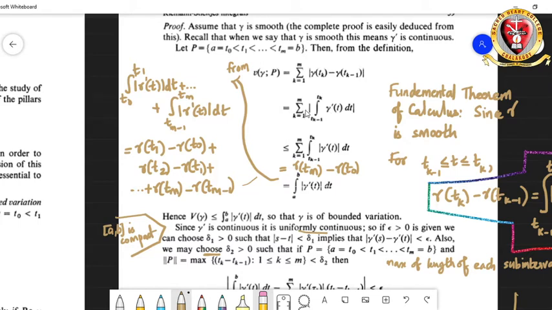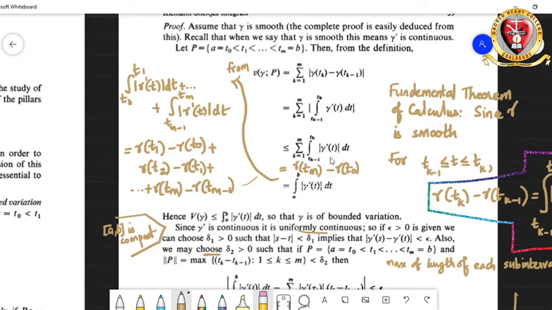And by the property of the modulus and integral, when they are interchanged, we get less than or equal to summation k equals 1 to m of the integral from tk minus 1 to tk of modulus of gamma dash of t dt. And what is this? The fundamental theorem of calculus can be applied on a particular subinterval, because since gamma is completely smooth, even if we are taking the domain of a subinterval, the corresponding image will also be smooth.